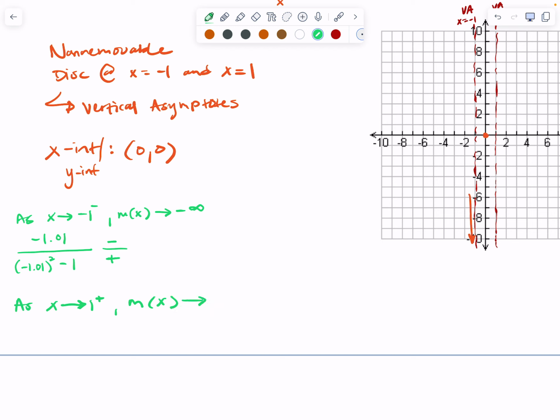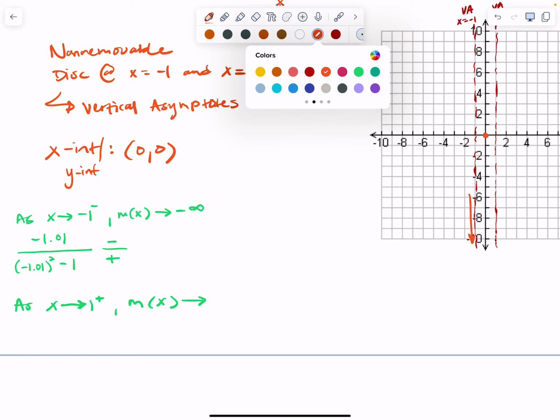But as x approaches 1 from the right, oops, I didn't mean to. So what's a value that would be directly to the right of -1? Wait, to the right of 1 or negative? To the right of -1. How about -0.99?